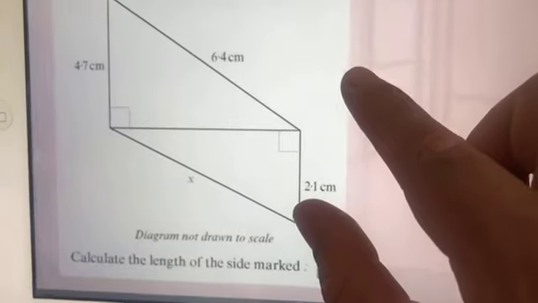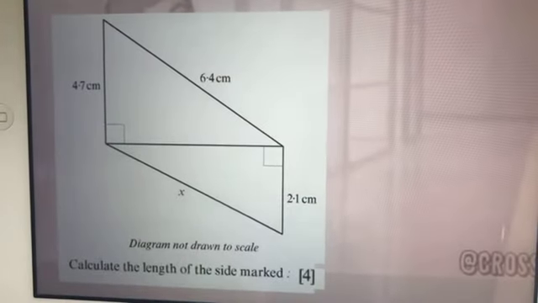What I'm going to do is zoom into the question only so you can see it. I do suggest you draw a picture. I always say draw your own picture if you're doing shape questions.